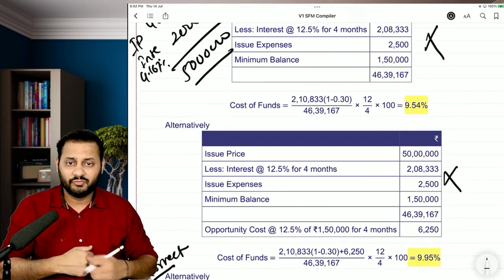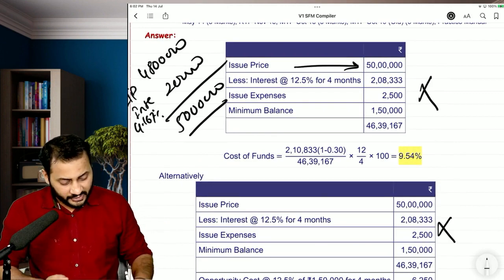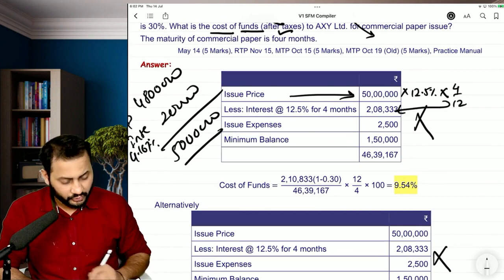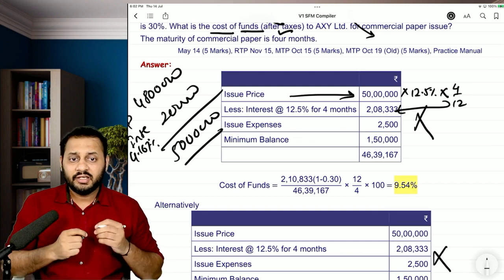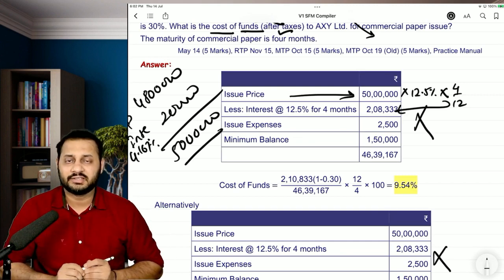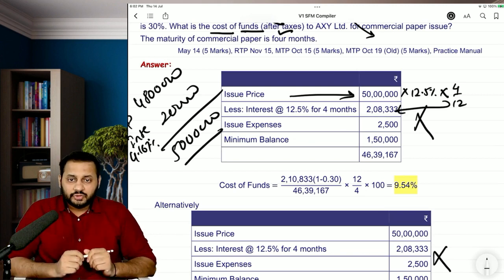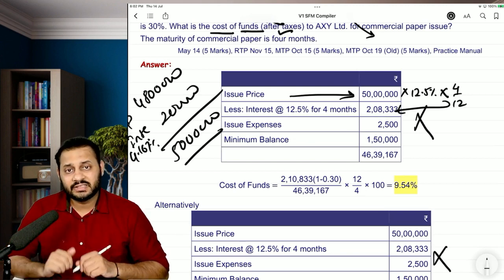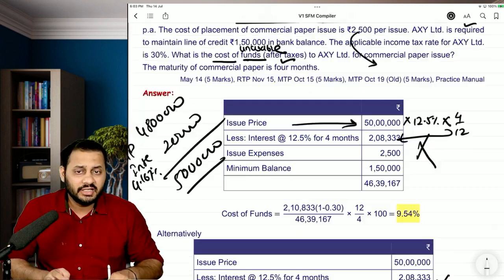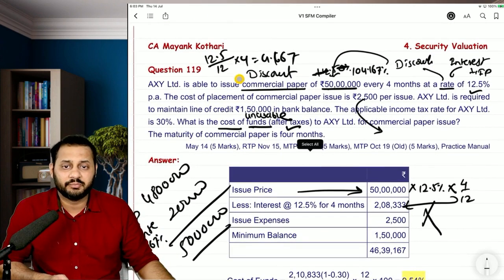See, what problem was there in this? I will tell you. They directly took 50 lakh into 12.5% into 4 by 12, that came up to 2083333. They applied 12.5% on 50 lakh itself. So they said that we received 50 lakh rupees in our bank, which is completely wrong in case of commercial paper.